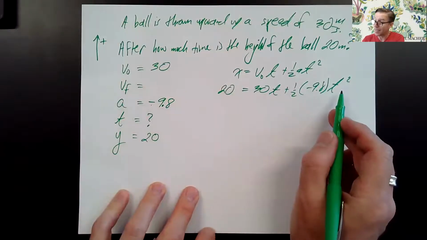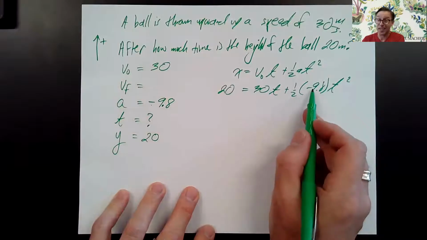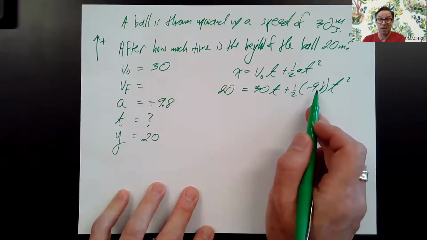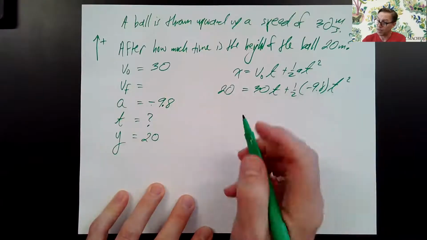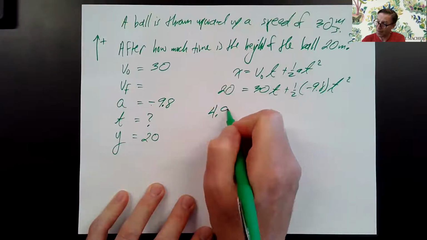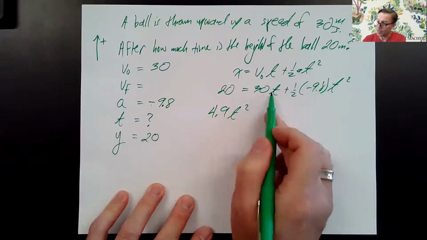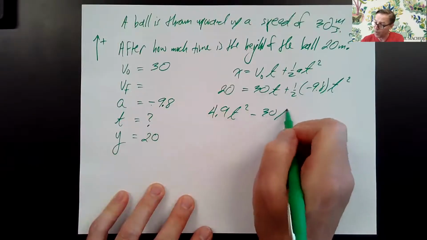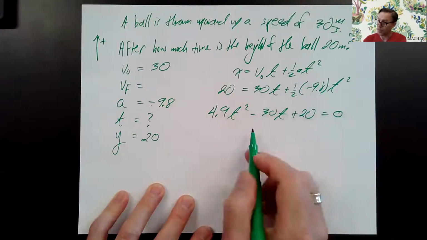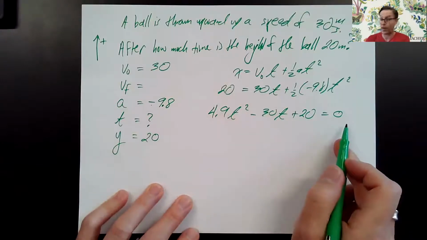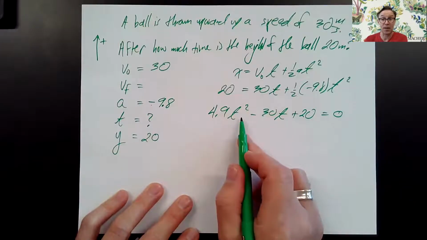So I want to solve for T. I'm going to take 1/2 times negative 9.8 and get negative 4.9. I'm going to move that to the left side so that I have a positive coefficient there. 4.9 t squared. I'm going to take this 30t and move it to the left as well. Minus 30t plus 20 equals 0. And now I have an equation with t and t squared.